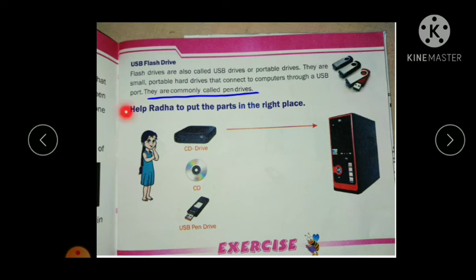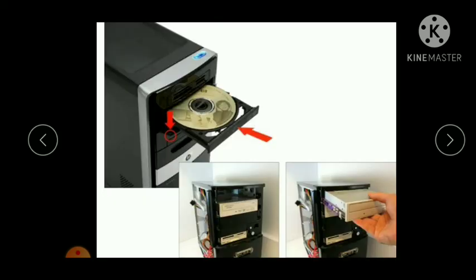Next, help Radha to put parts in the right place. One is given for you. Then CD. There is a particular place in the CPU to put a CD. You have to mark a line. In the CPU there is a particular place called the CD drive, and here is a button. On pressing this button, the tray will come out.